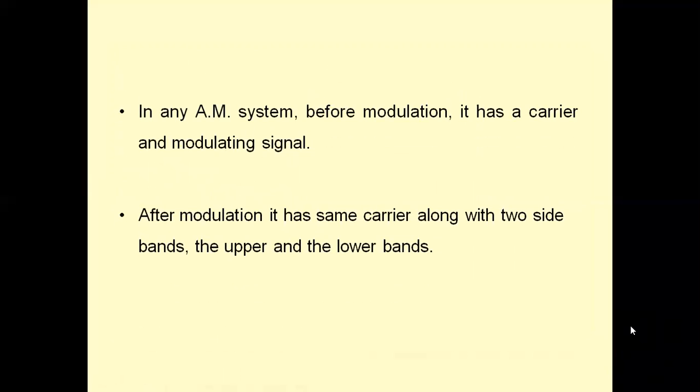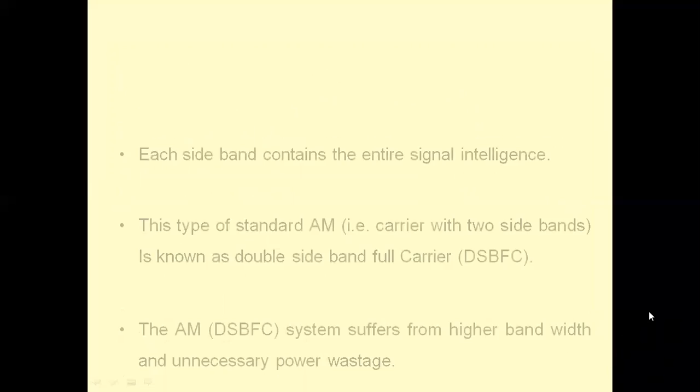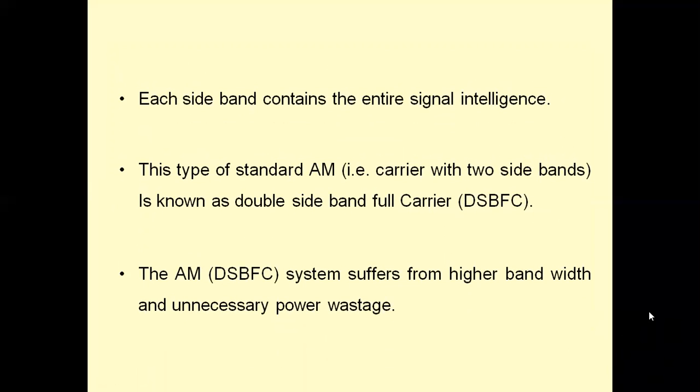In any AM system, before modulation, it has the carrier and the modulating signal. After modulation, it has the carrier along with the two sidebands, namely the upper and the lower sidebands. Each sideband contains the entire signal intelligence. This type of standard AM, that is, one containing the carrier with the two sidebands, is known as double sideband full carrier.